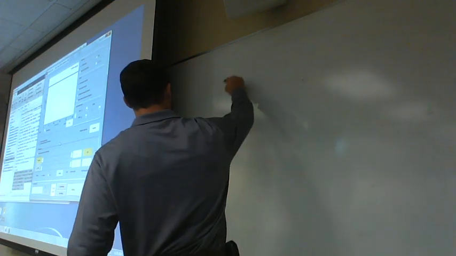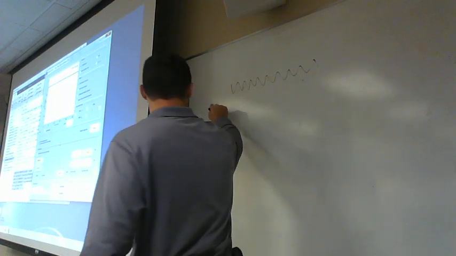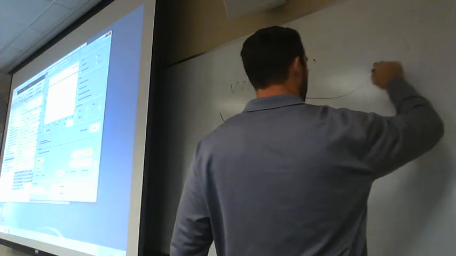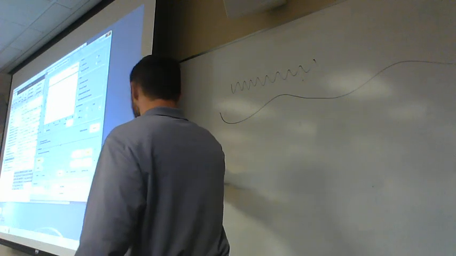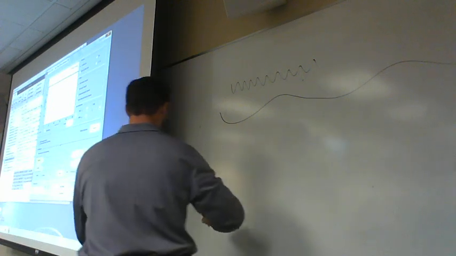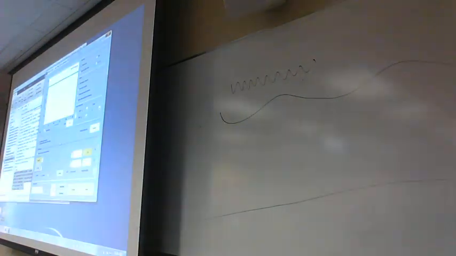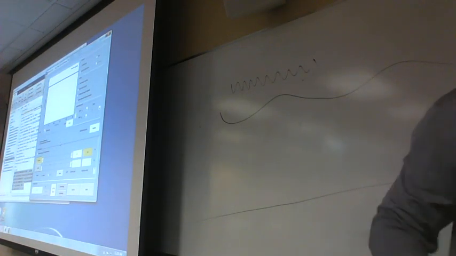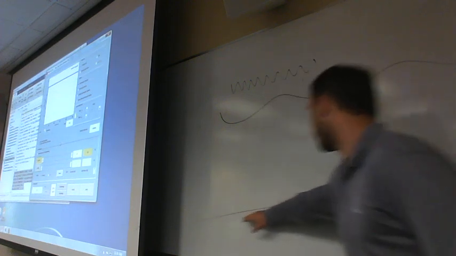So this is a high frequency oscillation, right? A low frequency oscillation would typically be like this. But a really low frequency oscillation would take like the whole board. I keep drawing over here, right? You guys follow the logic? So we don't want stuff that looks like this.